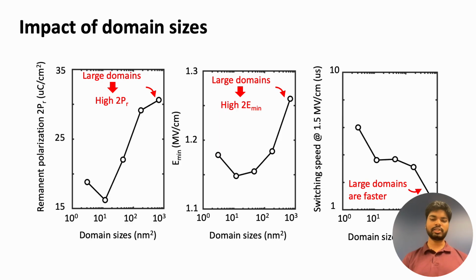And we see that larger domains typically require slightly larger electric fields to flip them. That said, contrary to normal intuition, the switching speeds of these larger domains at 1.5 megavolt per centimeter are also nearly half an order faster than the smaller domains.